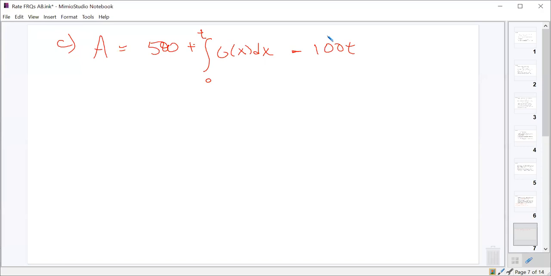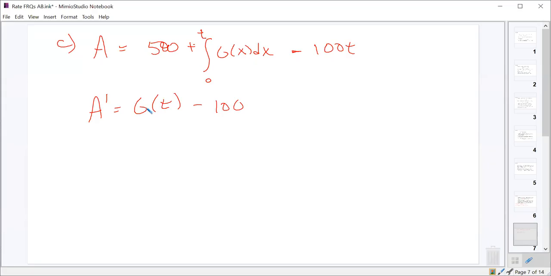Well, we could write the integral from 0 to t of 100, but 100t is good enough. So A prime, the rate of change of the gravel, is just g minus 100. So we're wondering then if that was at t equals 5, I think. Yeah, t equals 5.